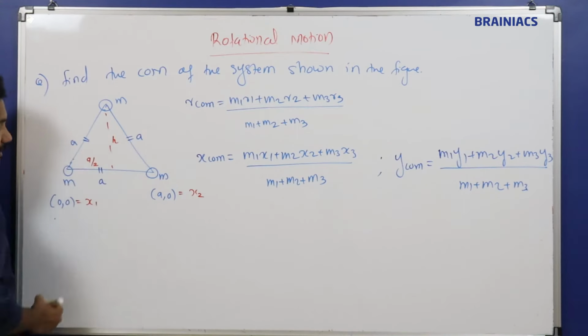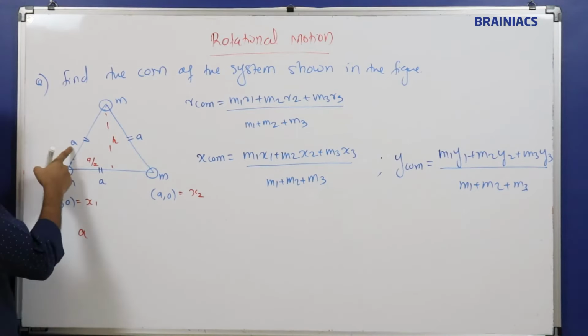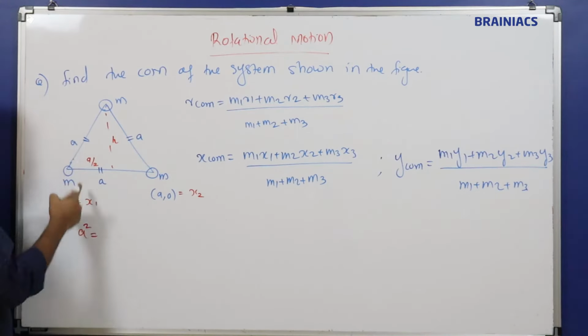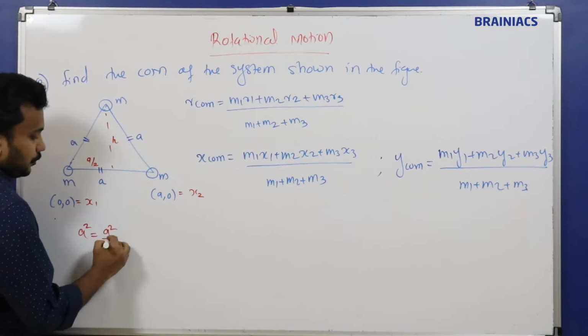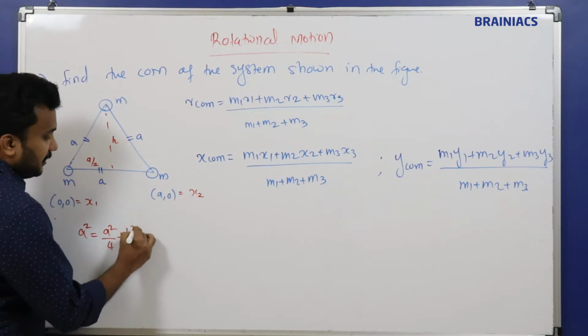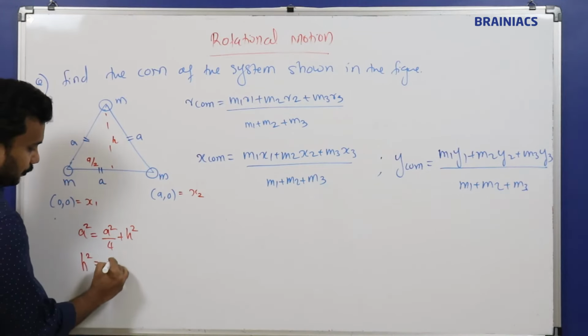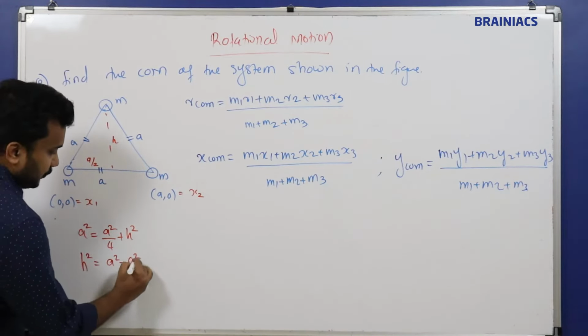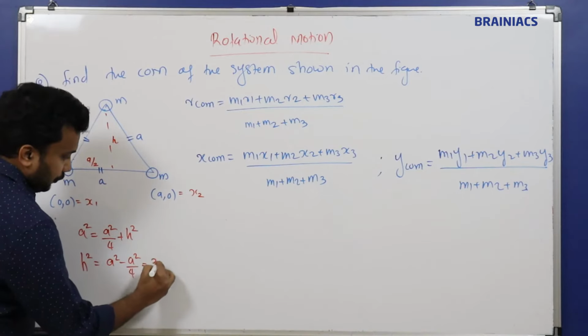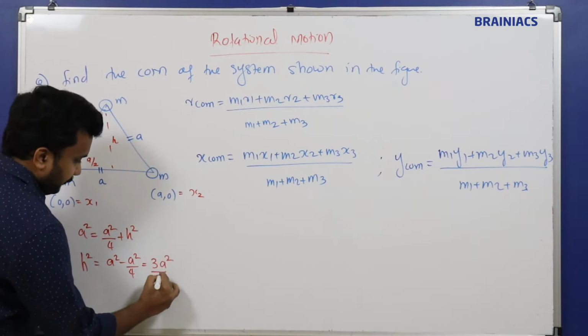Hypotenuse square is equal to base square plus height square. Let me take it as height h. So the hypotenuse square, a square, is equal to a square by 4 plus h square. So h square will be equal to a square minus a square by 4, which is equal to 3a square by 4.